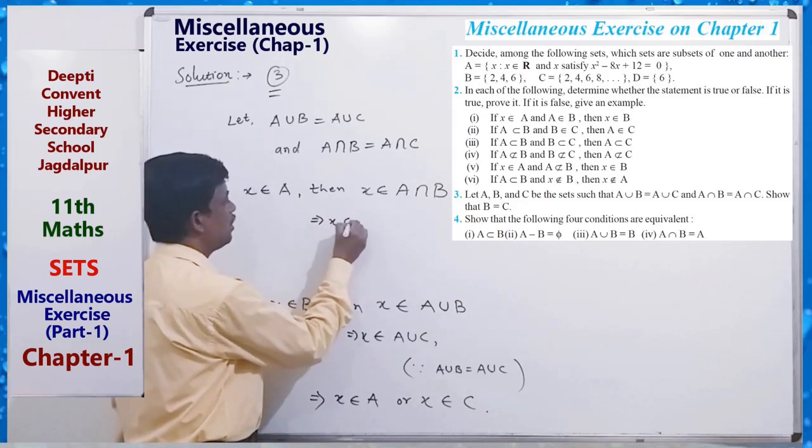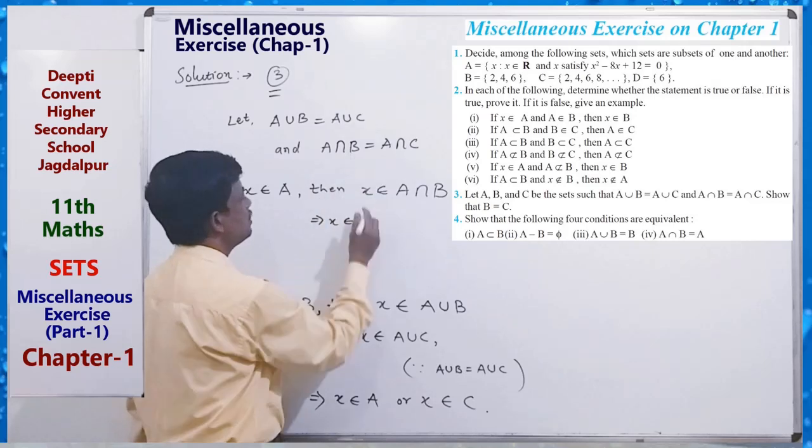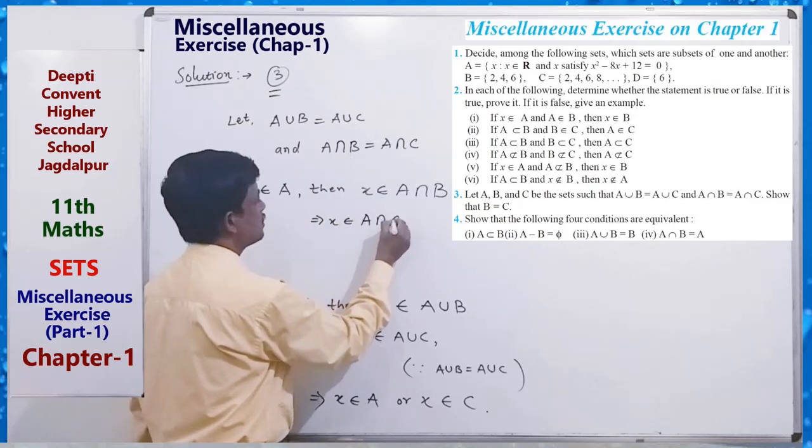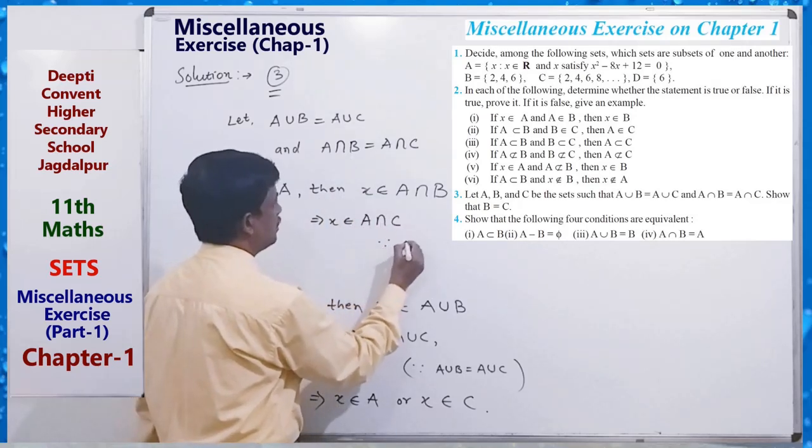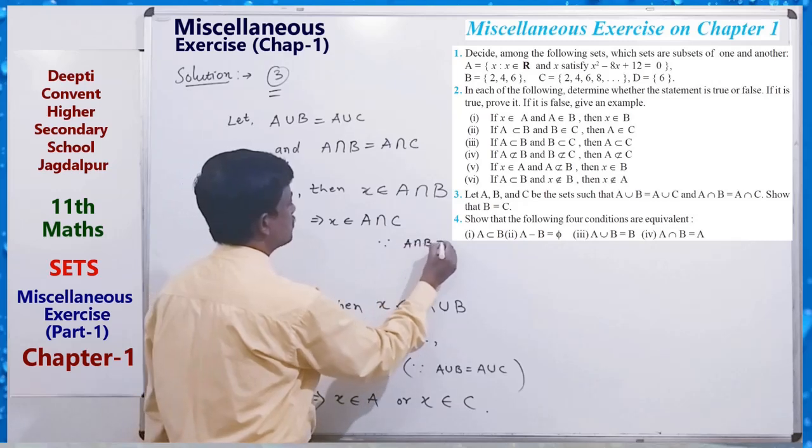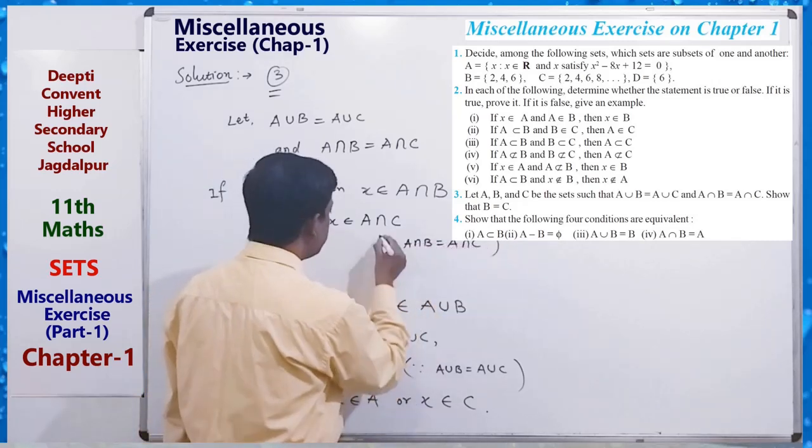This implies X belongs to A intersection B, which equals A intersection C, since A intersection B equals A intersection C is given.